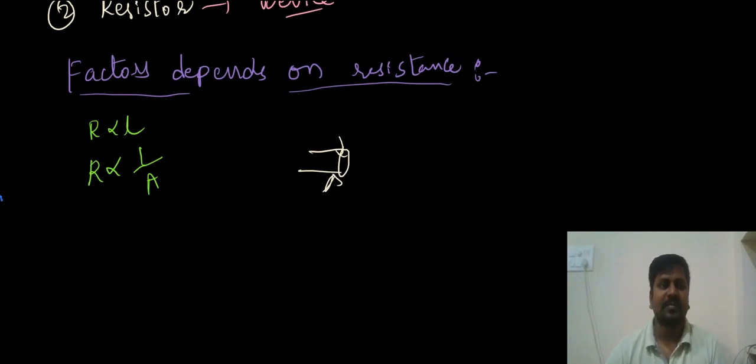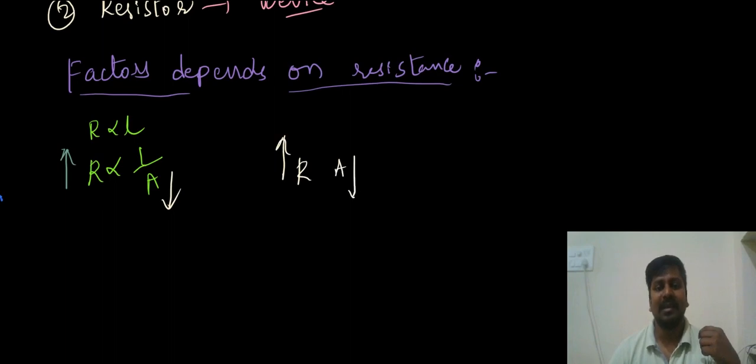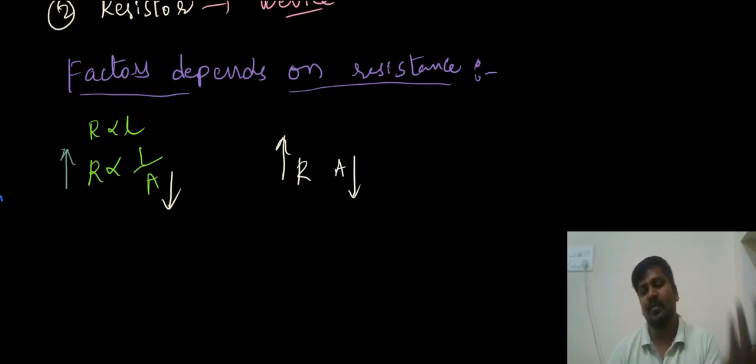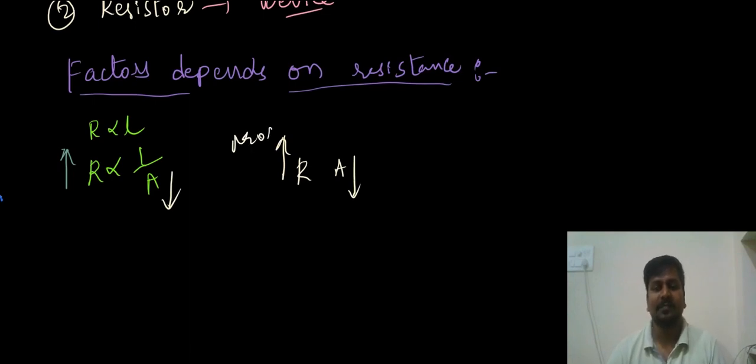Resistance more means area less. Resistance less means area more. Inversely proportional.